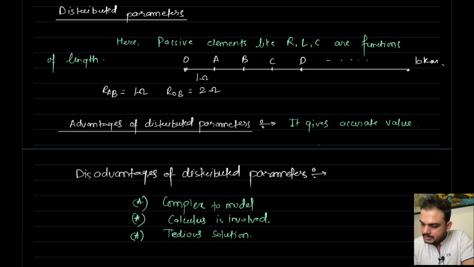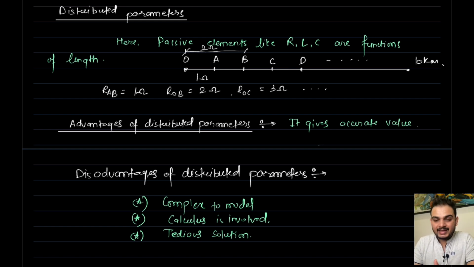This is my O and this is my B, that is 2 ohms. Then OC is how much? 3 ohms, and like that. Here what is happening? At a particular length, my resistance, my inductance, my capacitance is varying with respect to length.